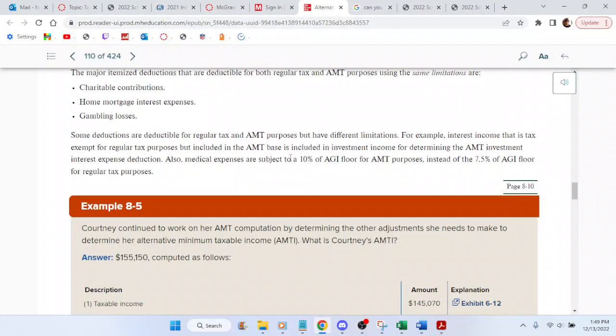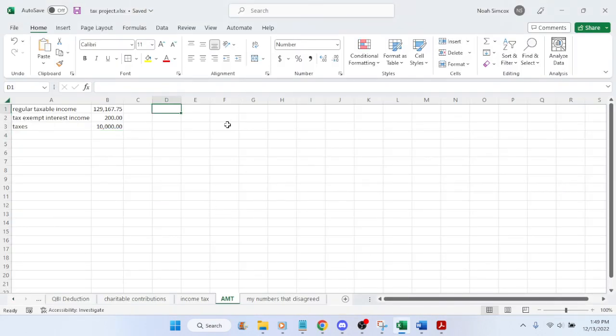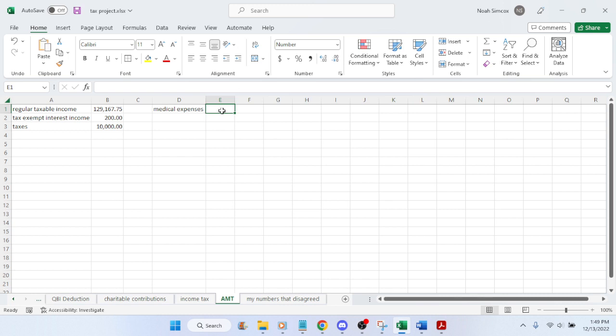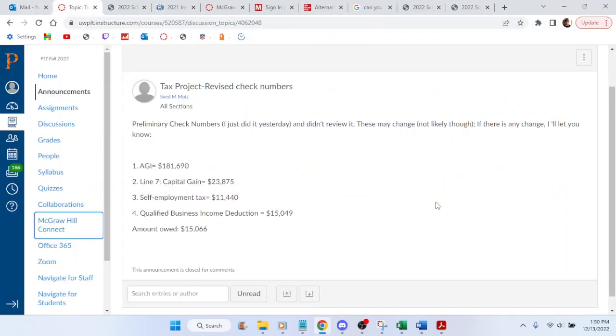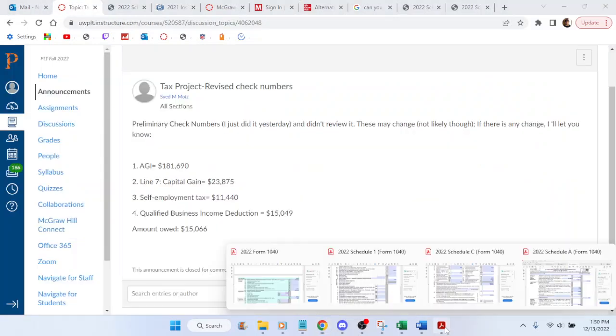It says medical expenses are subject to a 10% of AGI floor. So what we got for medical expenses is, well, we had $16,000. Medical expenses on 10% of AGI equals 0.1 times 181,690.